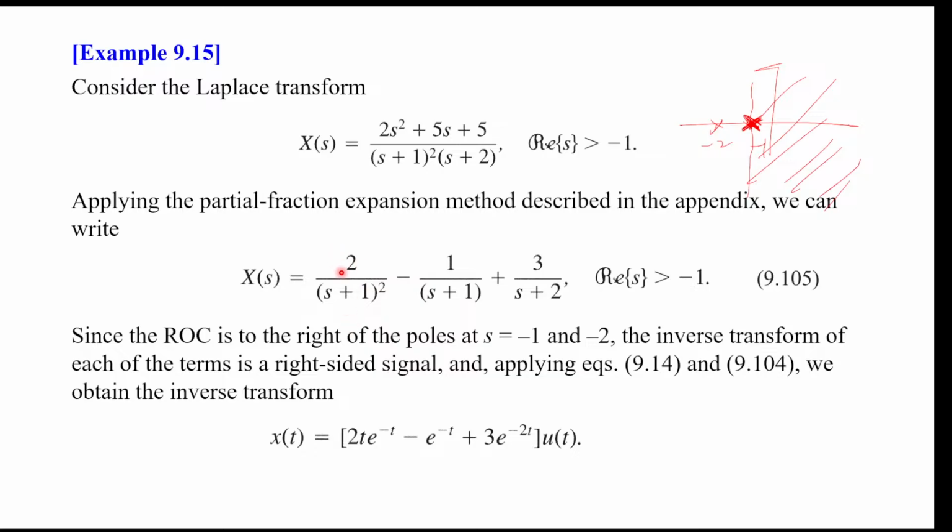So the first term, 2 becomes 2 here, and the second order term, you get t e^(-t). And the second term, you have -1, so -1 here, then this s+1 becomes e^(-t). And then the third term is 3, becomes 3 here, and s+2, because you have plus 2 here, you have e^(-2t) here. And all 3 terms have ROC to the right, so you have u(t).